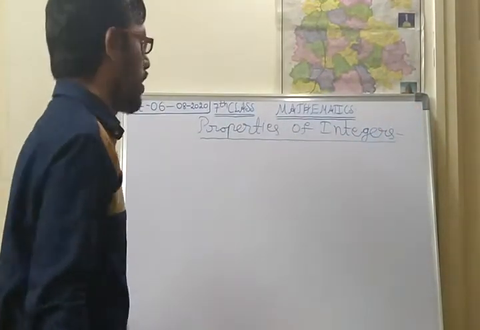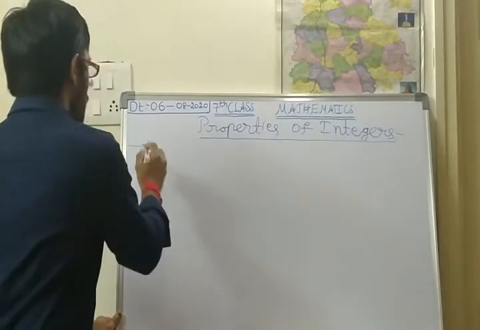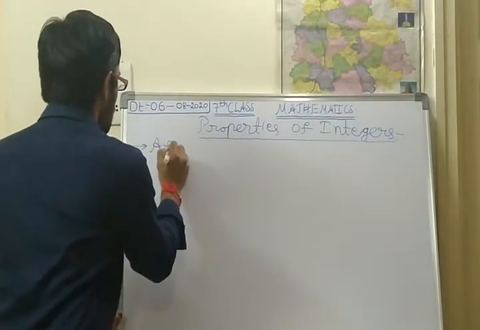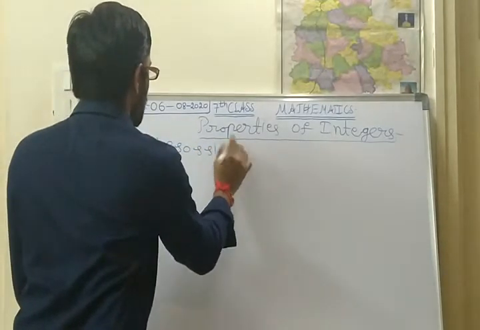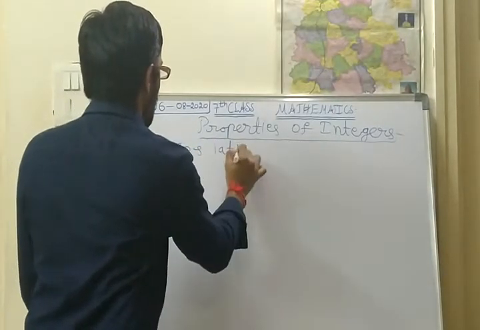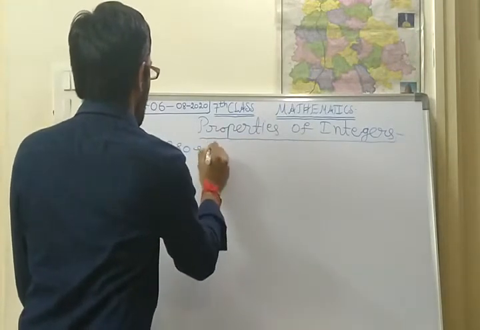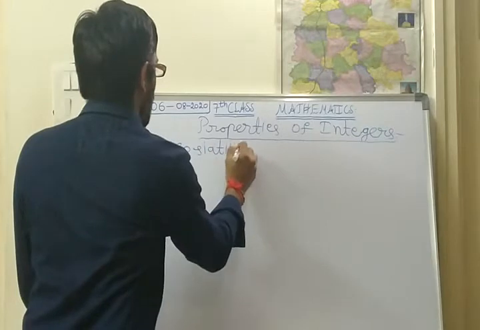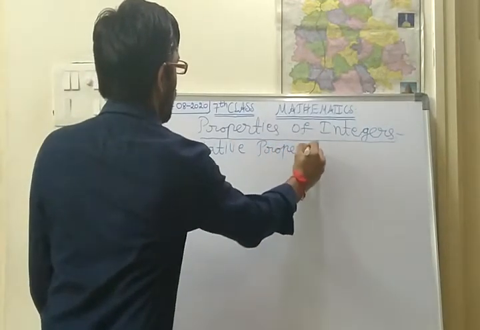So the third property. What is the third property? It is the associative property.